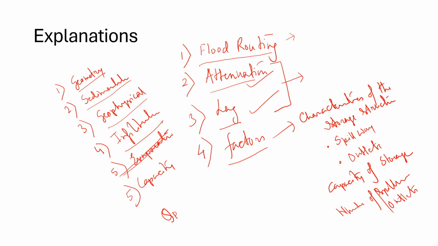That is what flood routing is. And all this explanation that I am giving is for level pool routing. That means when the storage structure has a surface area which is leveled. Okay, so level pool routing.